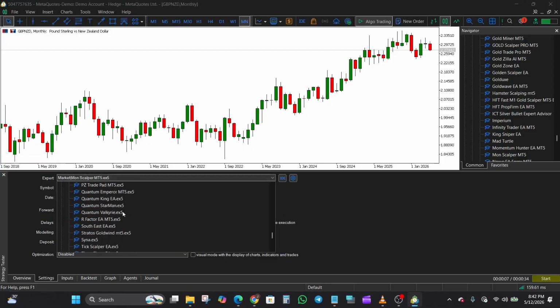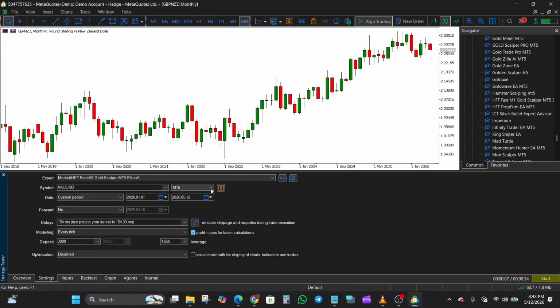So let's select the HFT Fast M1 Gold Scalper XAUUSD M1 time frame, and we are going to be testing from the beginning of the year till date so that we can get substantial data coverage, right, for the backtesting. And then the delays, we'll just use the last ping to the server, and let us begin the test right away.